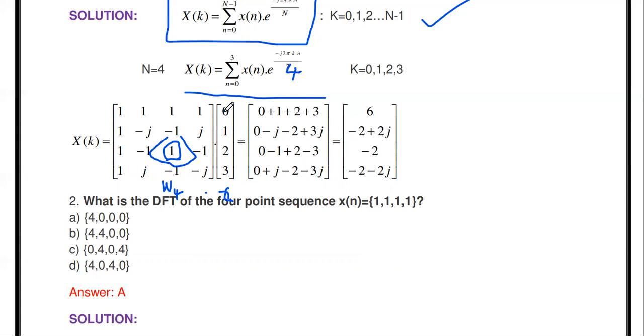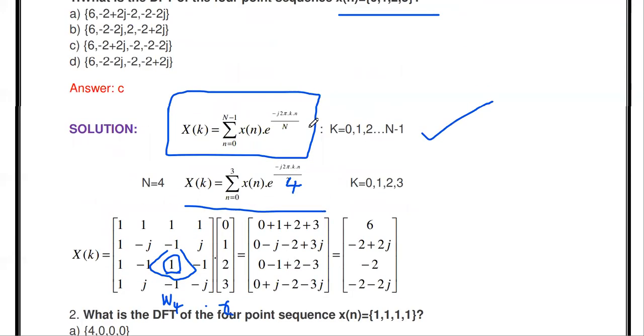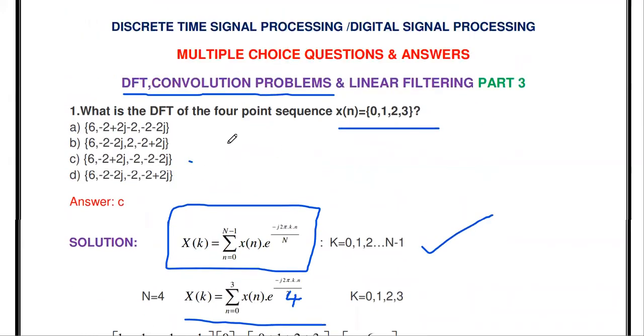The third row gives minus 2. The last row gives minus 2 minus 2j. So the X of k value is 6, minus 2 plus 2j, minus 2, minus 2 minus 2j. This is the answer, so option C is correct.